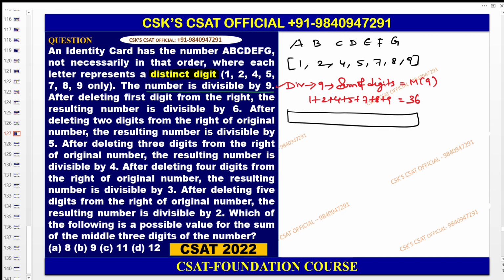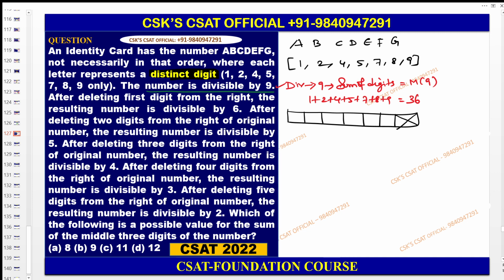Now check here A, B, C, D, E, F, G. So 7 digits, 1, 2, 3, 4, 5, 6, 7. If you are attempting this kind of question in the examination, I'll make a box like this. Now read the statement. After deleting the first digit, so this is the first digit, I am deleting this one.